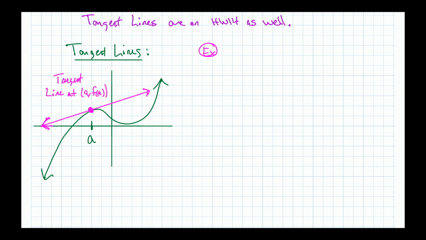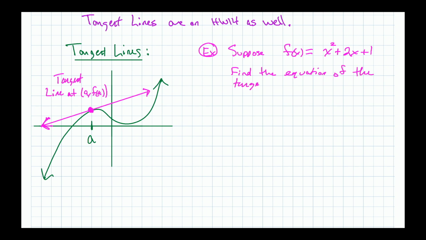So compute, let's see, suppose f(x) equals, and I don't want to make this too complicated here, so I'm just going to say x squared plus 2x plus 1. That's going to be my curve, and I'm going to say find the equation of the tangent line to the curve at a point.